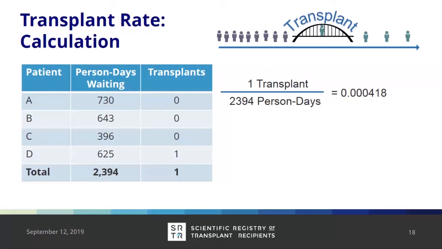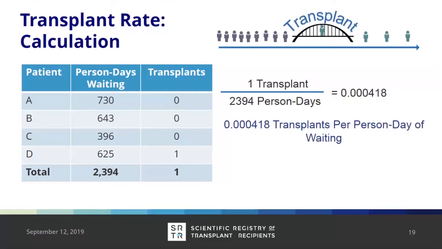It's hard for me to think about numbers that are small decimals like that. So we simply convert this to be, rather than a rate per person day, a rate per 100 person years, which converts it to a scale that I think is more intuitive, at least for me it is. And so how do we do that?